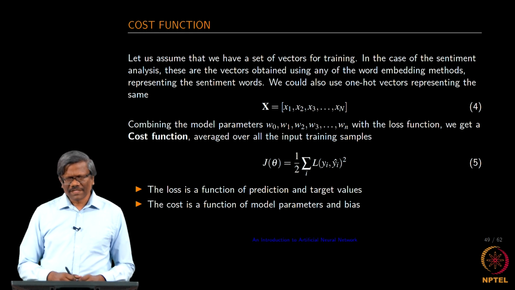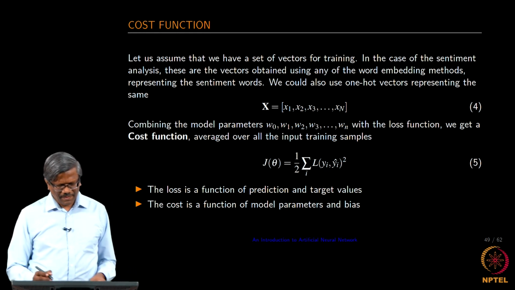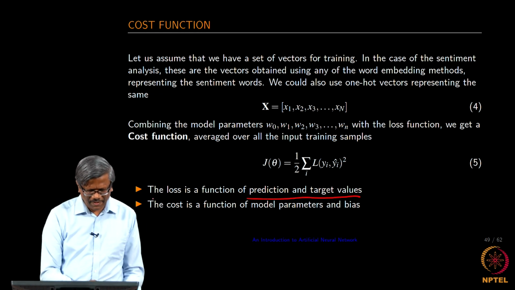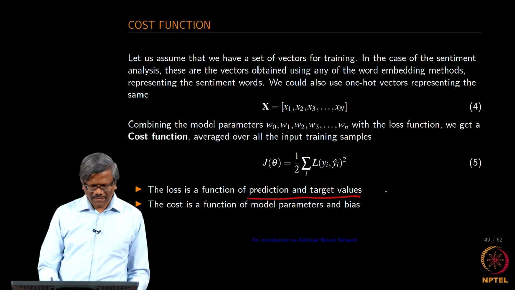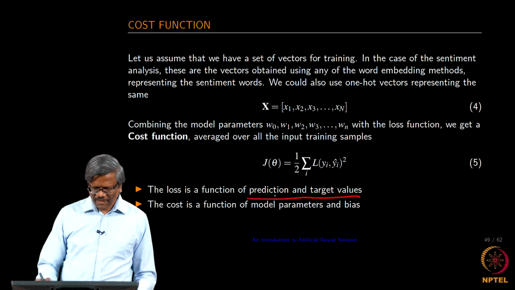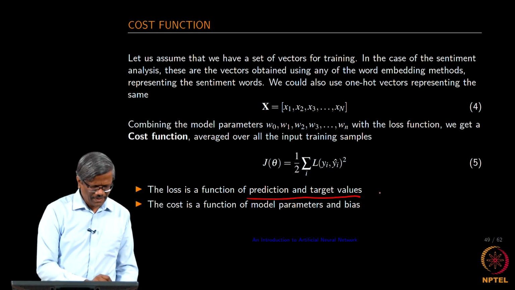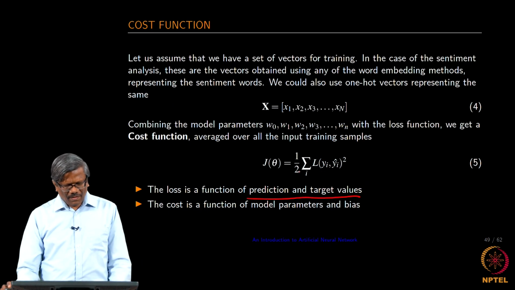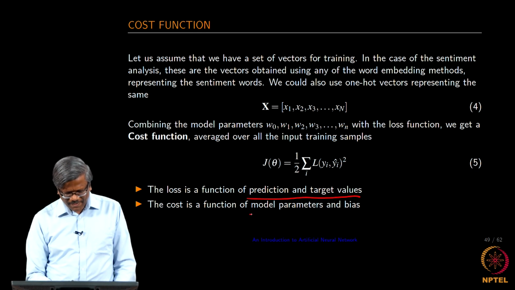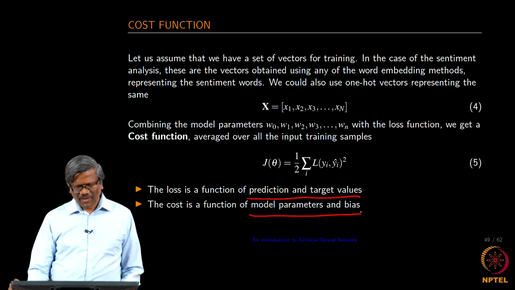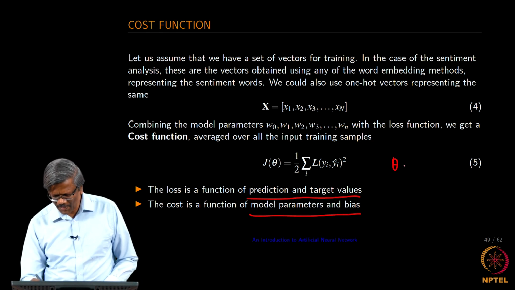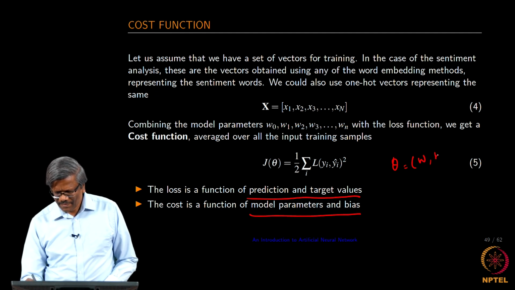Okay. The cost function is a little different. If you look at the difference here, the loss function is a function of prediction and target values, right. In the cost function, we just call this a function of model parameters and bias. This theta represents your W and the bias.